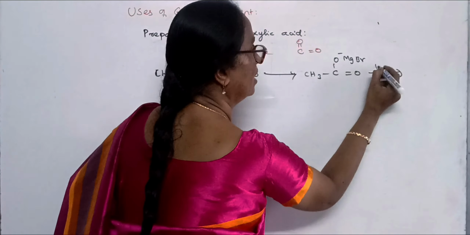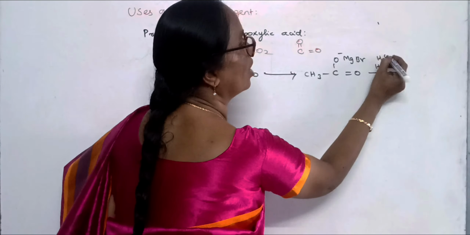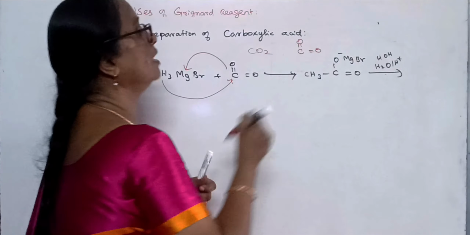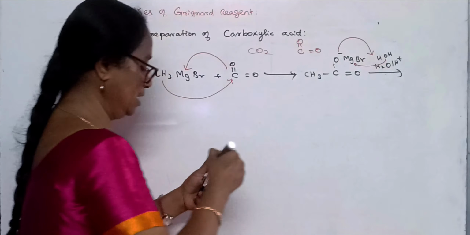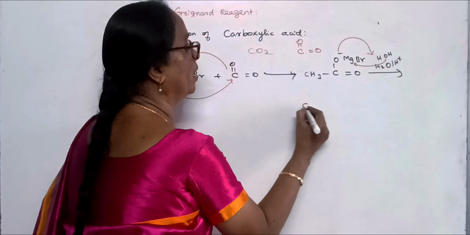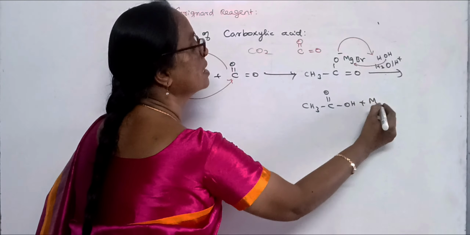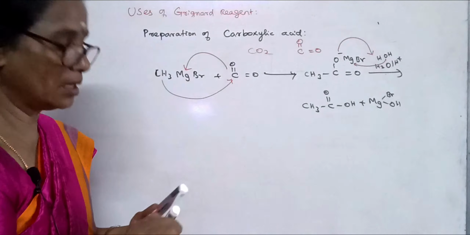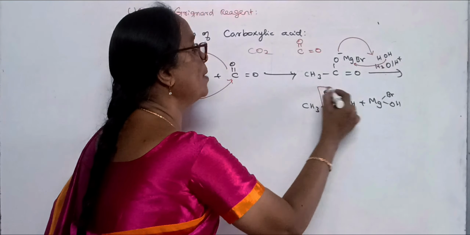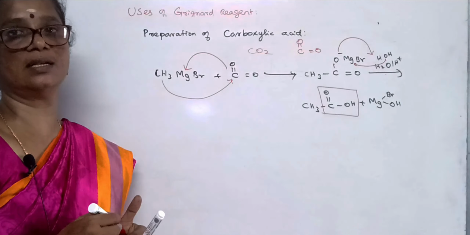Upon hydrolysis in presence of acid, we write H2O as HOH, where the oxygen abstracts that proton and OH goes to magnesium bromide. So the product will be CH3COOH plus MgBrOH. So we prepared carboxylic acid from Grignard reagent and simply carbon dioxide.